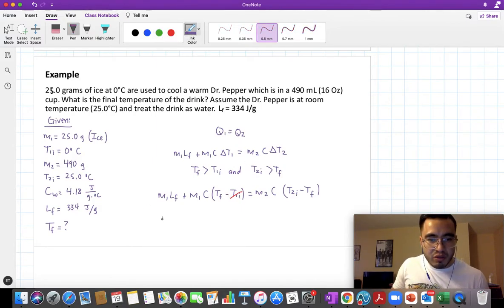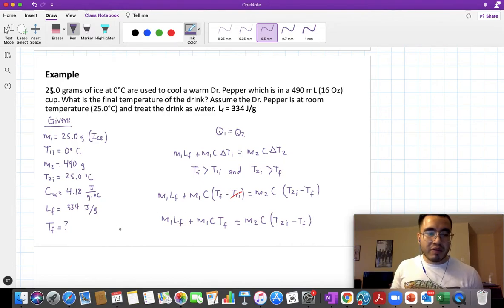Lucky us. So mass 1 times latent heat of fusion plus mass 1 specific heat temperature final equals mass 2 specific heat, temperature 2 initial minus temperature final. Now the whole idea is we have to solve for temperature final.